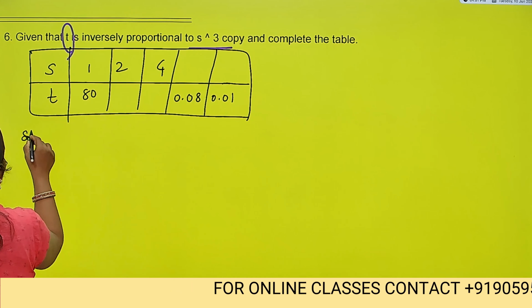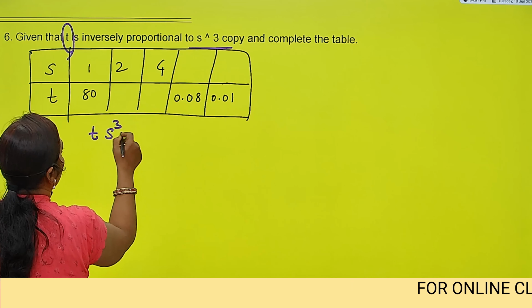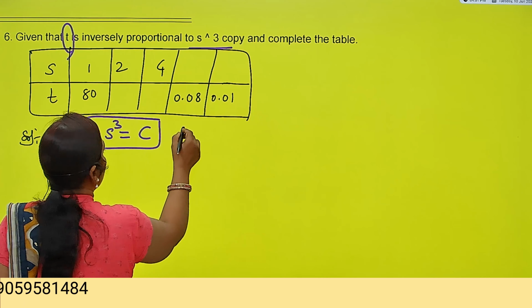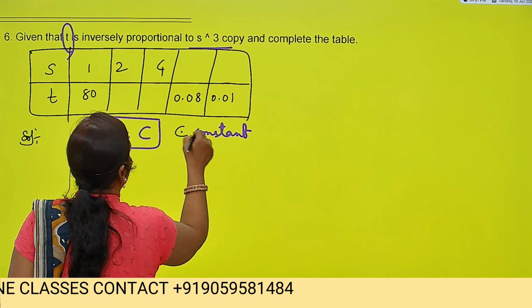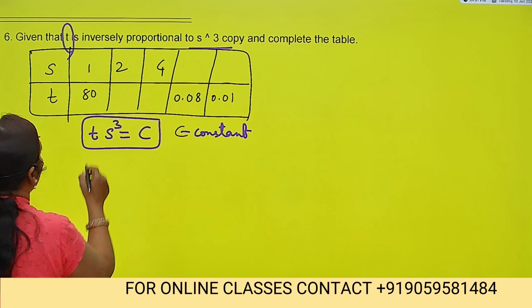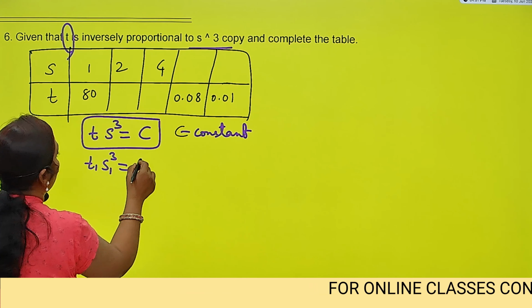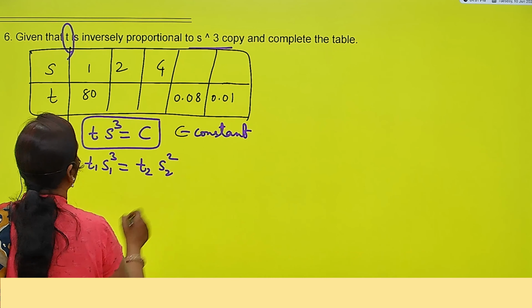See here, t is inversely proportional to s cube, which means t s cube is a constant, c is a constant. Here, what is the relation? T1 S1 cube equals T2 S2 cube.